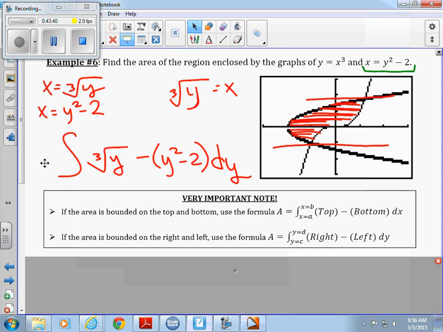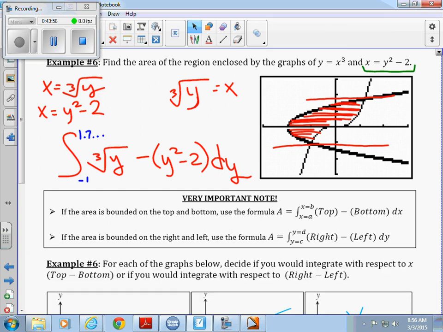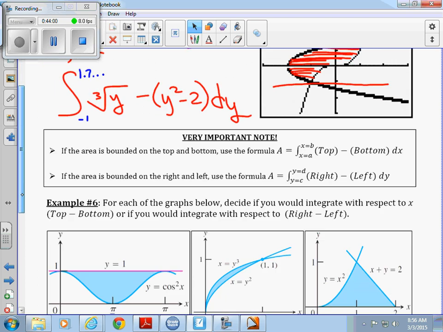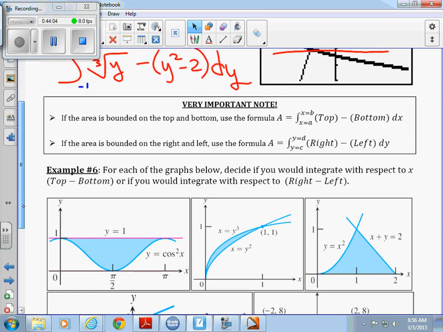So I'm going to go from -1 to 1.7. Right. So get that value.